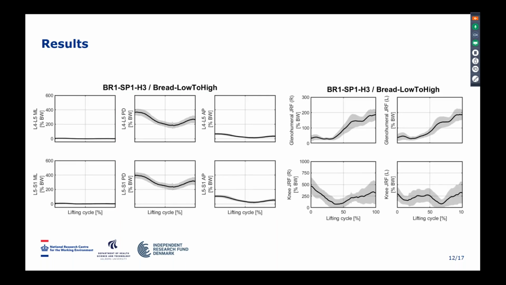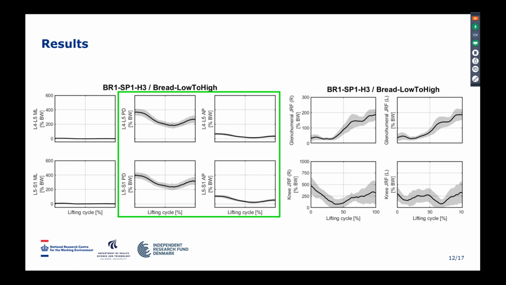If we move on to the other example I took, here is bread. This was a bread low to high. Again, here you have the L5S1 compression and shear forces. Again, about up to 4 times the subject's body weight, while the anterior posterior shear force reached about 1 to 1.5 times the subject's body weight.